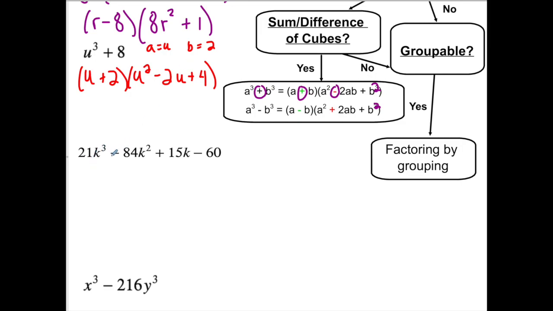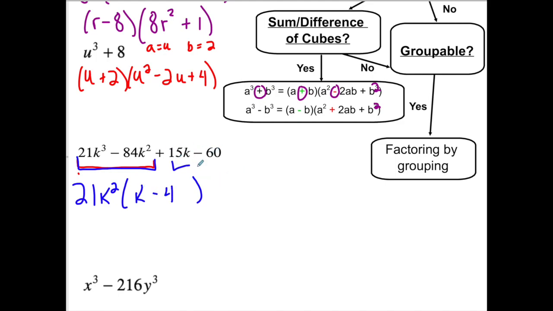Third one, again, you can see these four things. We're going to try to do factoring by grouping. I notice the greatest common factor of these first two terms, I'm just going to do this one in blue. This first group, they both have a 21 and they both have a k squared. When I factor that out, I get k minus 4.